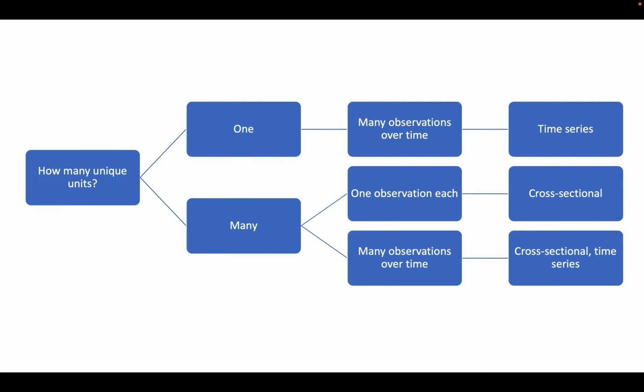Now, one observation each implies one single time point, which is called a cross-sectional design. Now, we could have many observations over several time periods, like years. So that would be called a cross-sectional and time series design.